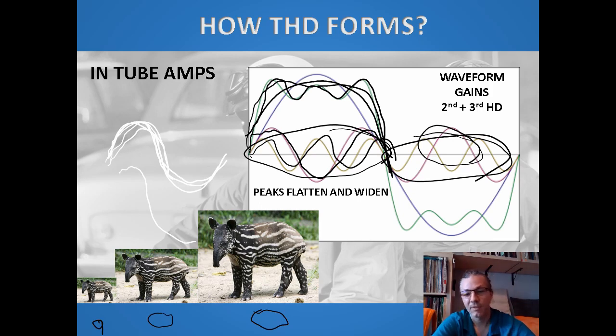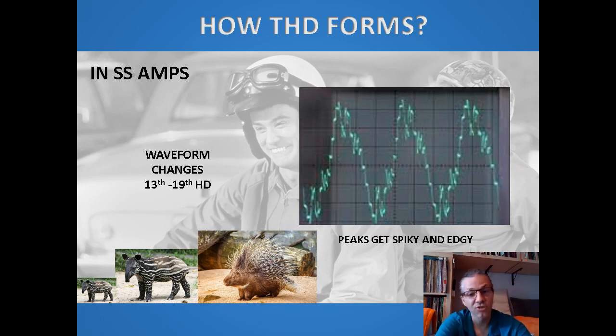So now let's see what's the situation with transistor based amplifiers, class A, class B. I don't know too much about class D, but I think that in the case of class D, the situation is even worse than the class A and B situation. So here with transistor gear, we do not have second order, third order, low order harmonic distortion, which makes the wave fatter, but we have high order distortion creeping in when we are reaching near saturation levels.